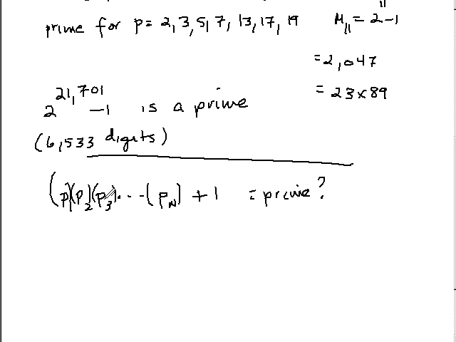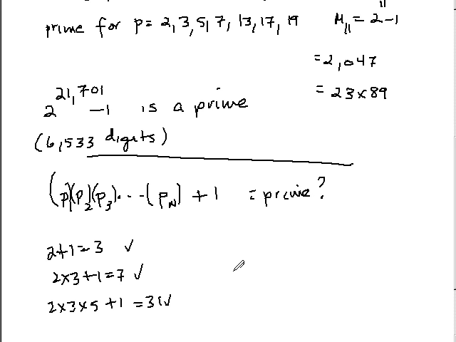So let me just show you the first few. As an example, if you take 2 plus 1, that's 3, that's a prime. 2 times 3, the product of the first 2 primes, plus 1 is 7, which is a prime. 2 times 3 times 5, the first 3 primes, plus 1 is 31, which is a prime.